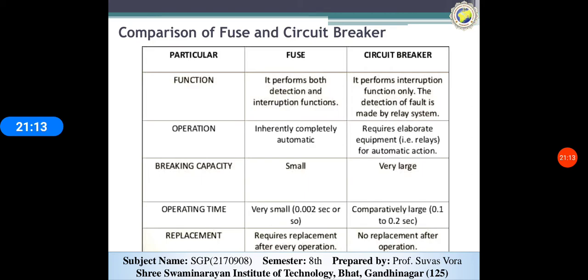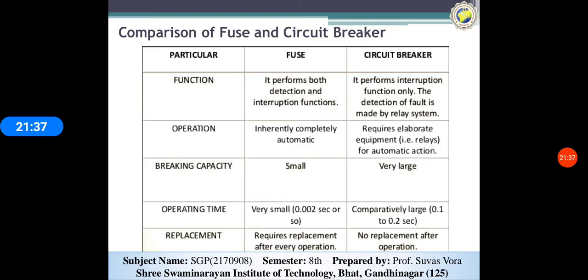Breaking capacity: the fuse has a very small breaking capacity compared to the circuit breaker, and the circuit breaker's breaking capacity is very large compared to the fuse. This parameter decides which is applicable for domestic use and which for industries.